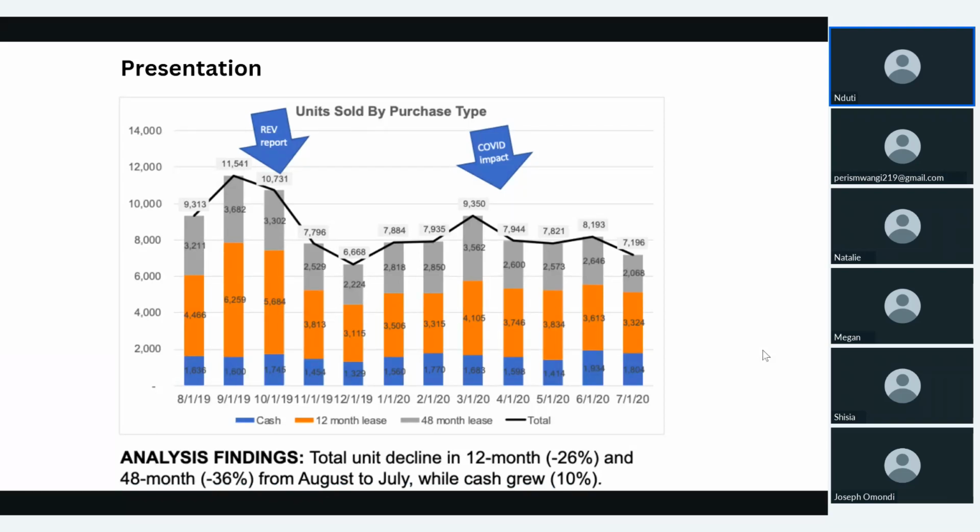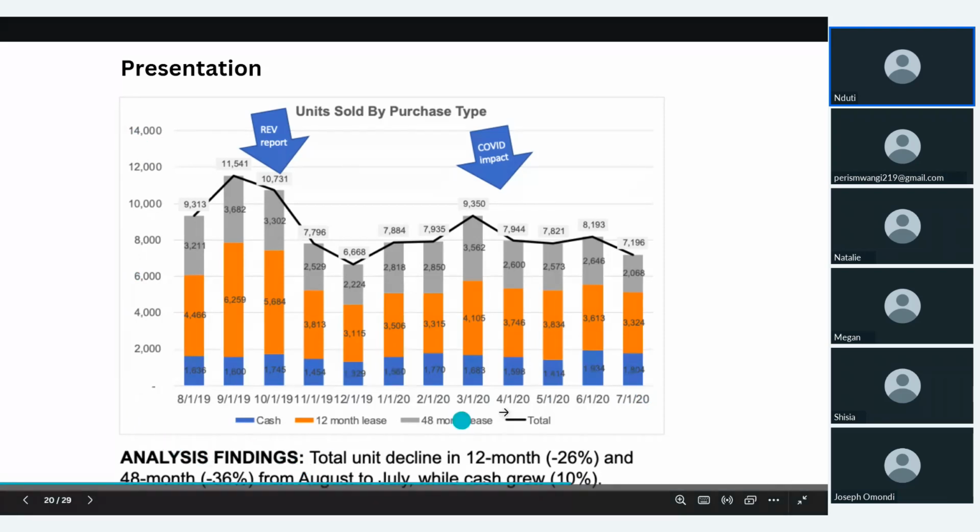You can see some labels, all good, and you can see we have some dates here, and these are the sales, and then we have the analysis down here. So we are saying we have a total unit decline of 48 from August to July, while cash grew, and so on and so forth.